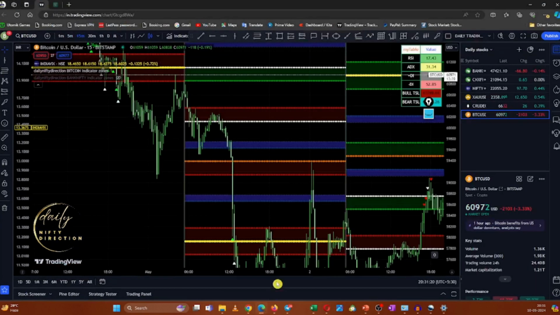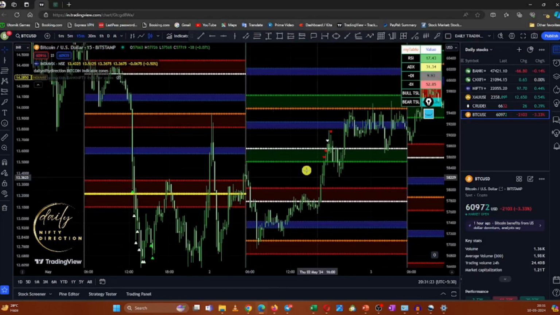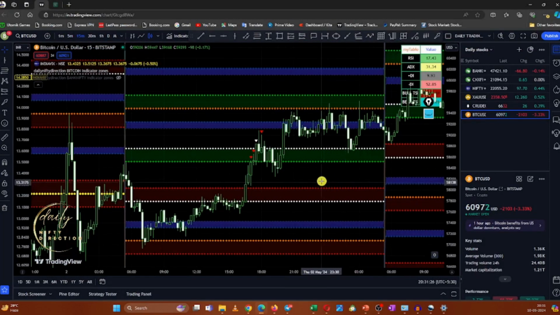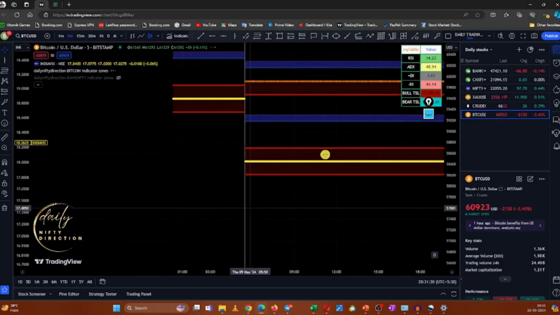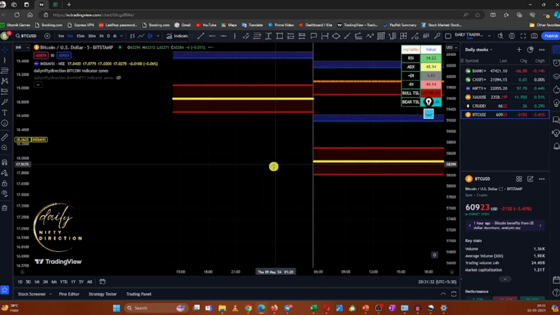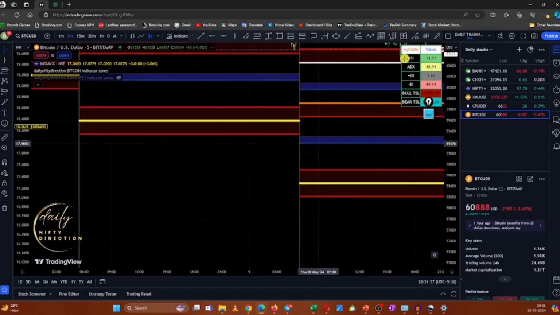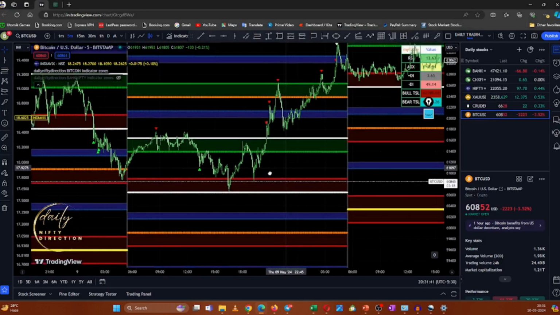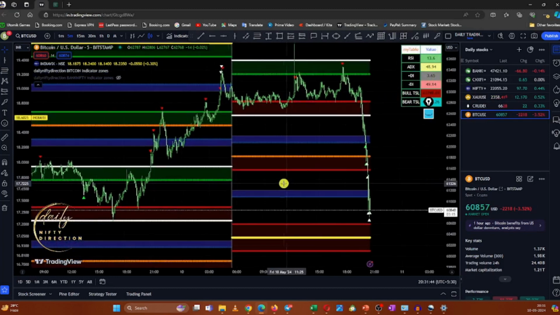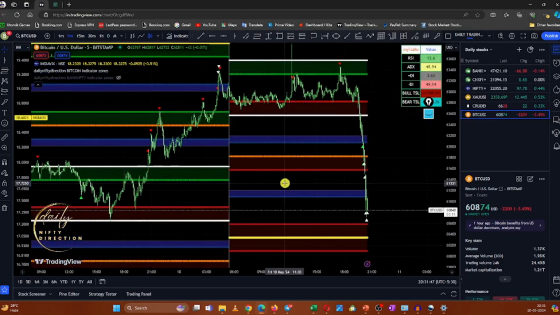And everywhere you will get good trades, be it Nifty, Bank Nifty, or Bitcoin. You will get good trades. Okay, so even if you get more than 3 trades, avoid, only take 3 trades intraday.